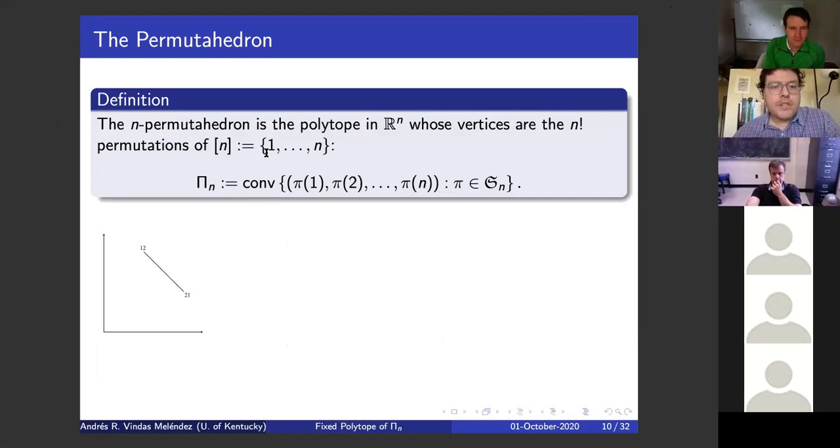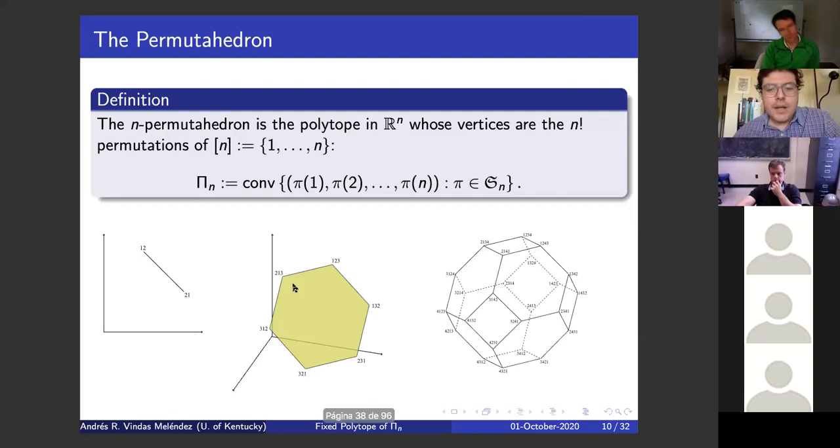If I just have 1, 2, there's only 2 permutations of 1 and 2, and so we only get the line segment. For 1, 2, 3, we have 6, right? 3 factorial is 6, and so we get this hexagon. And if we have 4, we get this truncated octahedron, okay? And this is what we call the n-permutahedron.